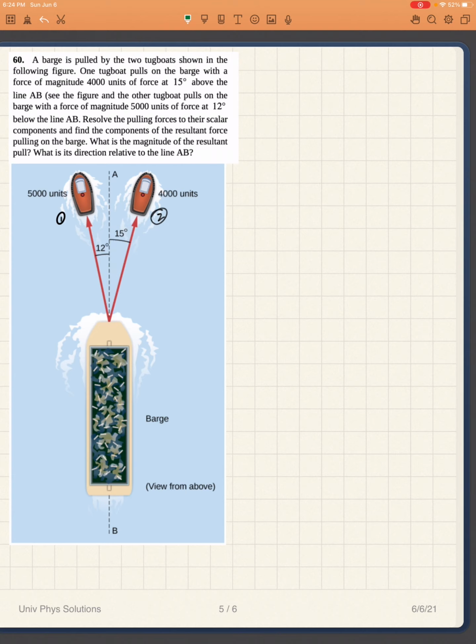Alright, so from boat 1, I'll do the x component first, and I'll just call it vector 1. Vector 1 is going to be the magnitude, 5,000, and the x component is going to be the sine of this angle. So sine is opposite over hypotenuse.